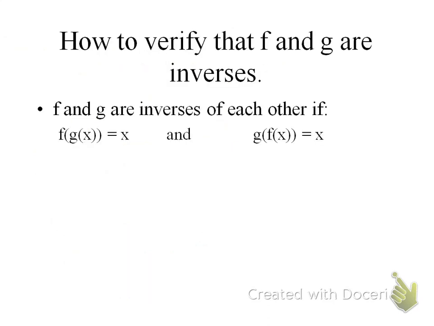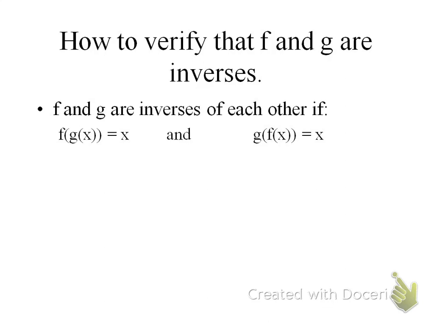All right, here's where it gets a little harder. Now we're just verifying that 2 things are inverses. So it'll give you 2 functions. It'll say, are these functions inverses? To see if they're inverses, first of all, you could go through the process that we just did if you wanted. That should work.